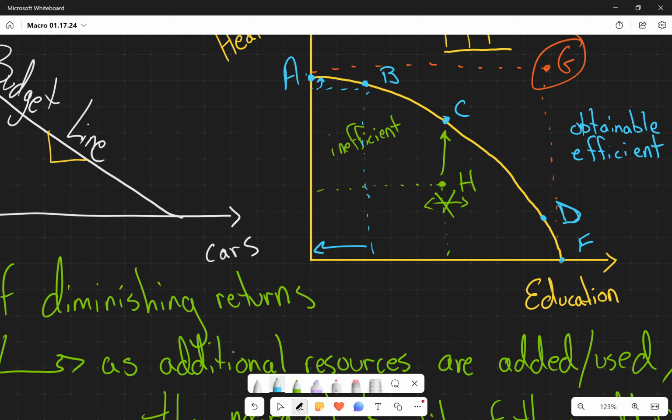So when we are in the healthcare intensive region, trying to squeeze more healthcare out of the society is very costly. It's going to cost us a ton of education compared to the little bit of extra healthcare that we're going to get.